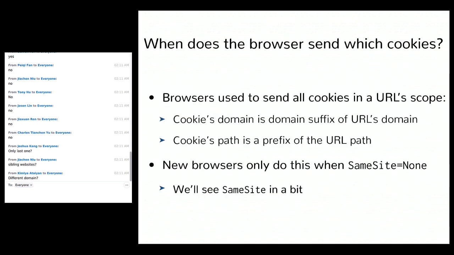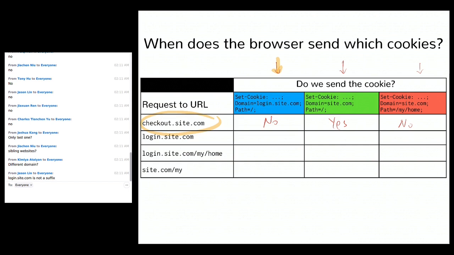If we look back to our rules, we send a cookie if it's in the URL scope. That means that the cookie domain is a domain suffix of the URL domain. So is the cookie domain here, login.site.com, a suffix of checkout.site.com? The answer is no, right? Is site.com a suffix of checkout.site.com?